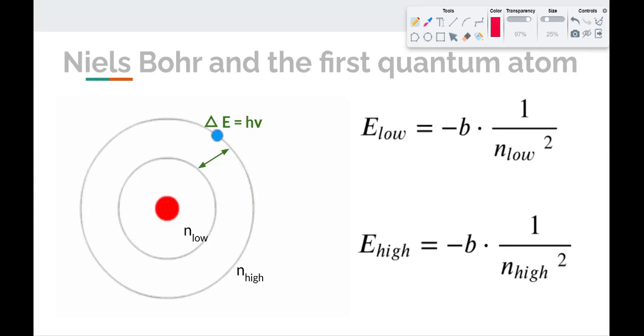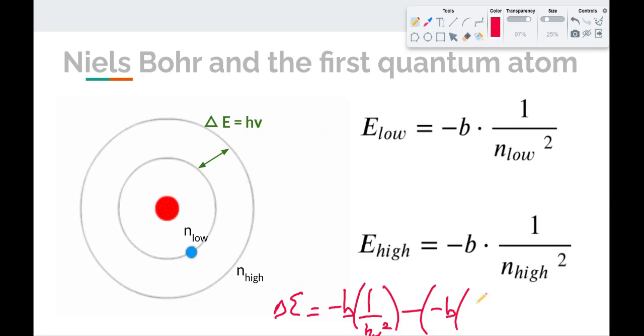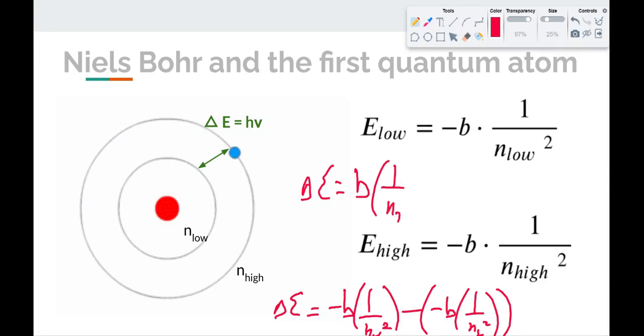So what's the difference between those? The delta E, well, that's equal to the high minus the low. So minus B times 1 over n high squared minus minus B times 1 over n low squared. So delta E is B times 1 over n low squared minus 1 over n high squared.